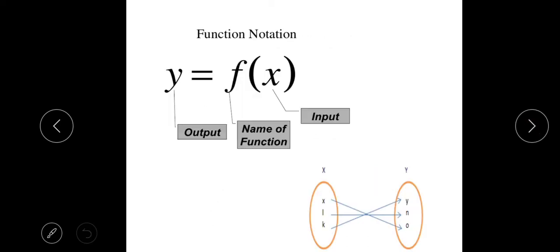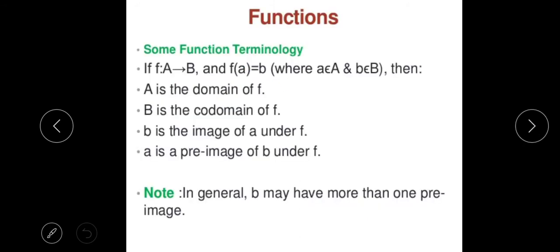See, we have a notation y is equal to f of x. Y is the output, f is the name of the function and x is the input. Consider some function terminologies. Suppose f from A to B. That means we have A, the input values.